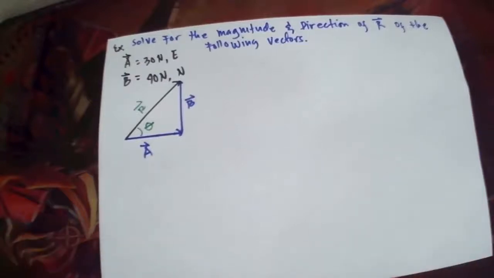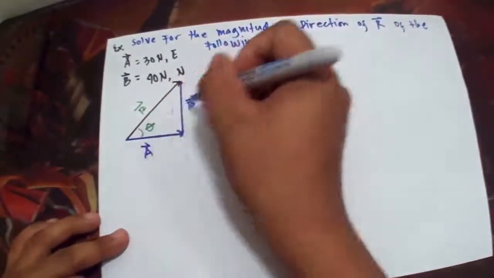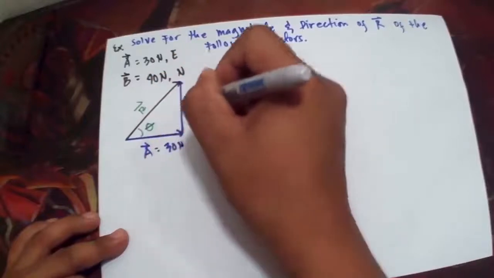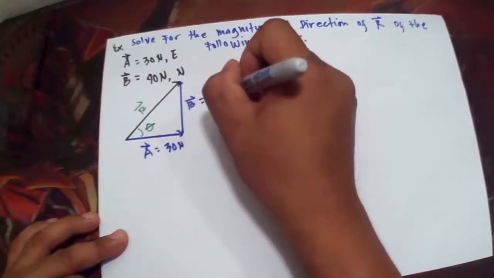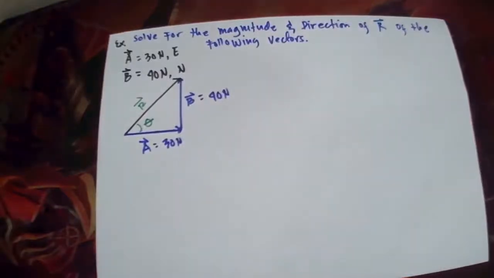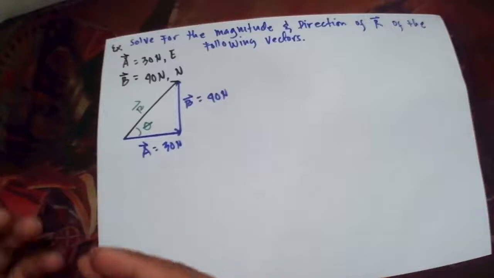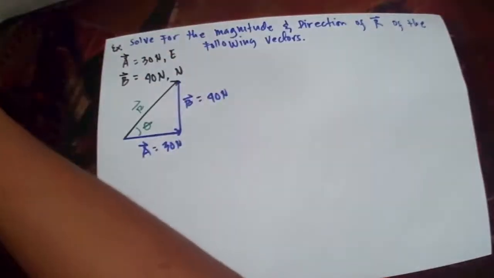Now to do that, let's try to solve first the resultant vector, since as I said a while ago, if both sides are given, this one is 30 newtons and this one is 40 newtons, we can just simply go to the Pythagorean theorem and we'll apply that automatically in this problem.